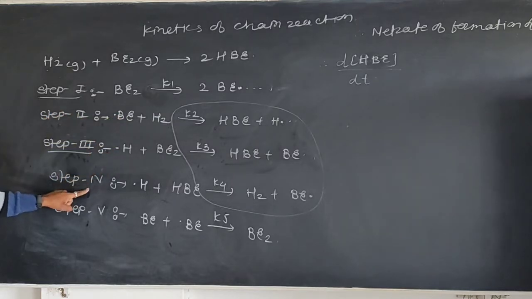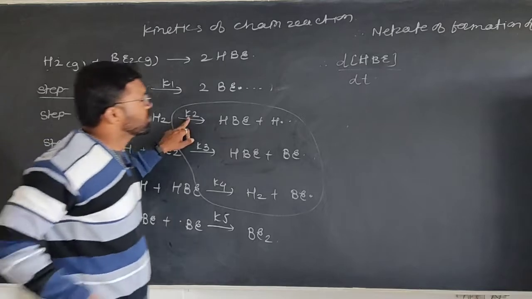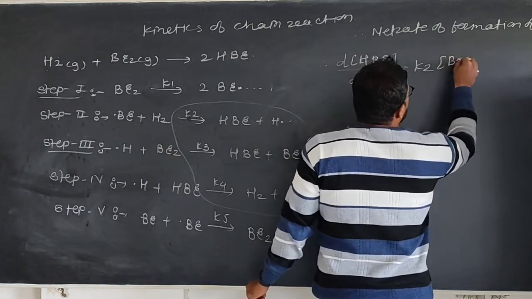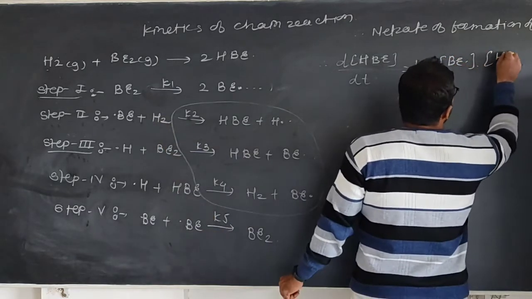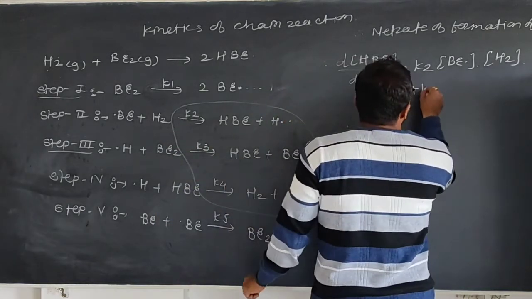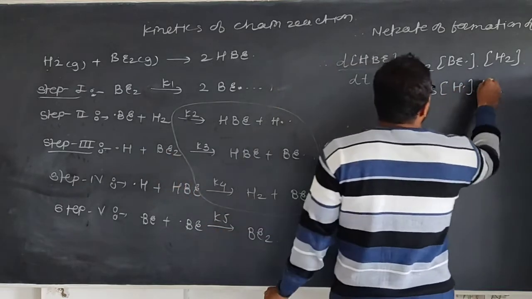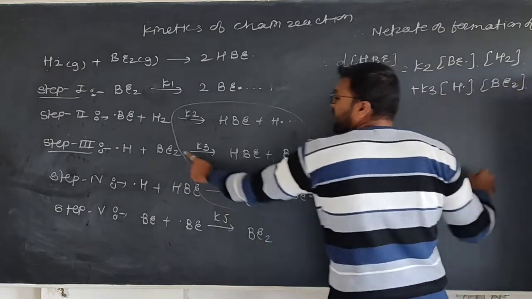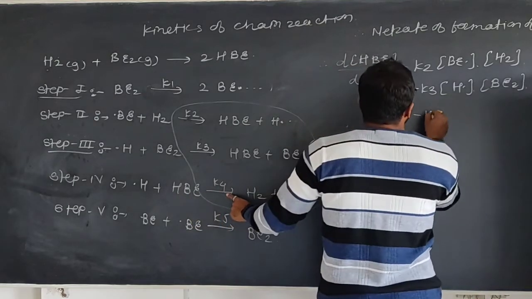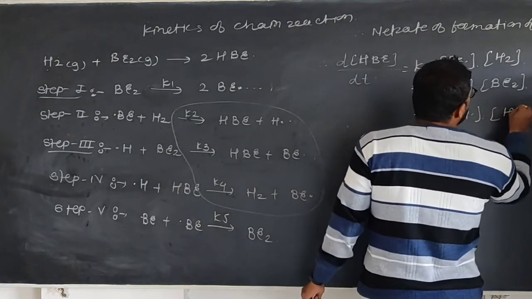In the fourth step of mechanism, HBr is consumed, therefore minus K4 into H radical into HBr.